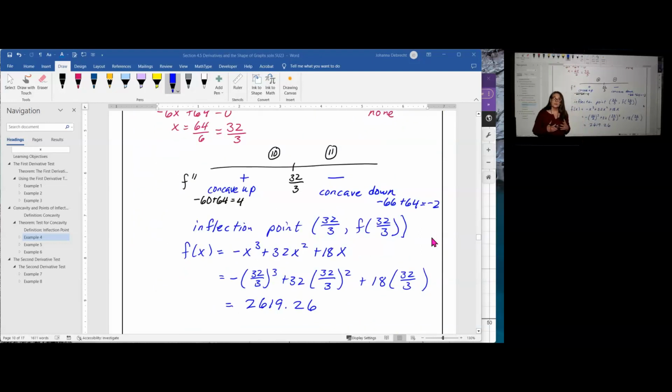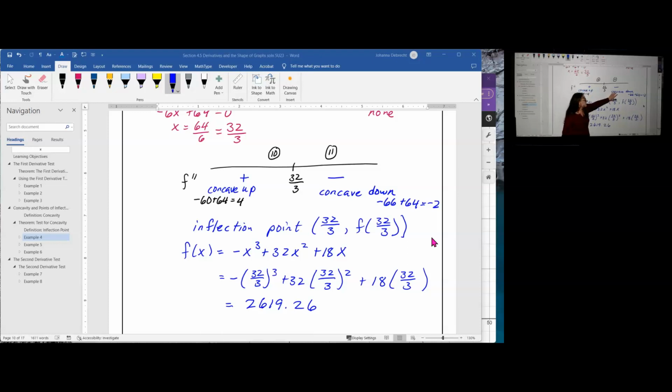Remember that when you use the test point, you're now substituting into the second derivative to determine concavity. Second derivative determines concavity, first derivative determines increasing and decreasing. I used 10 and 11 on either side of 32/3 as my test points. On the left, substituting into negative 6x plus 64, I got 4, which means it's concave up to the left of the inflection point.